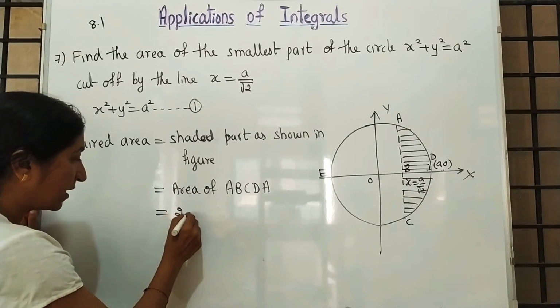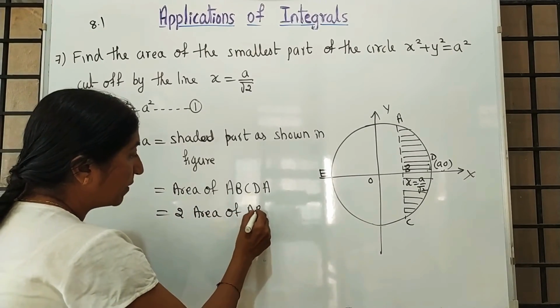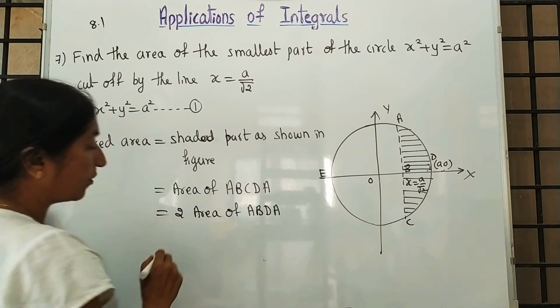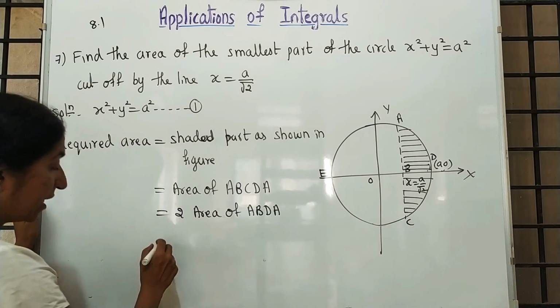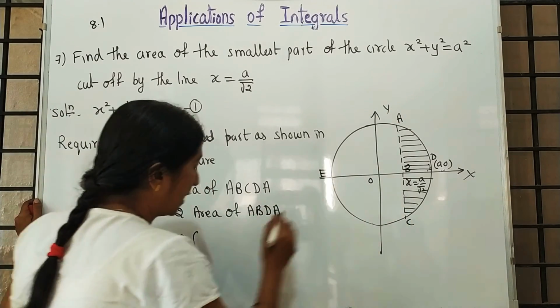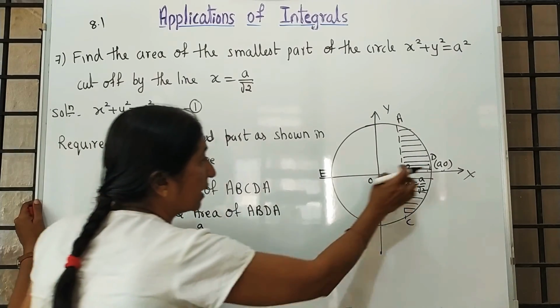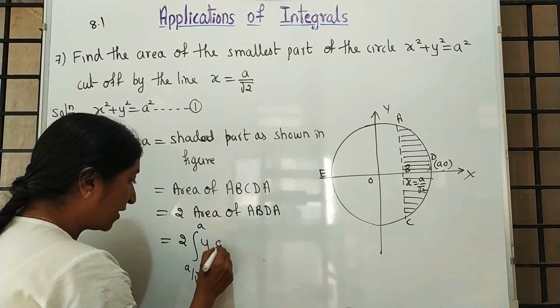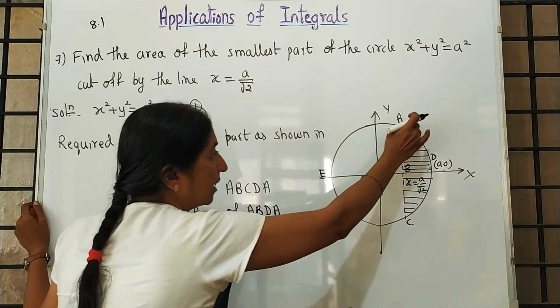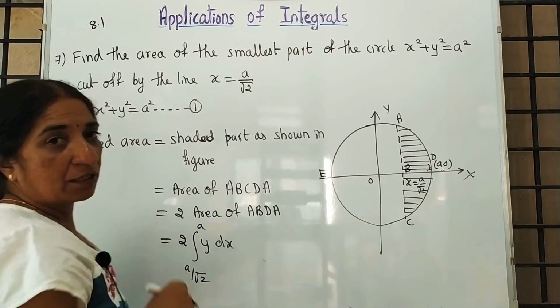That's why we can write 2 into the area of A, B, D, A. That is 2 into the integral where the lower limit is a by root 2, upper limit is a, because the radius is a. y into dx. This is nothing but the area between the curve and the x axis. The y curve in this figure is a circle.